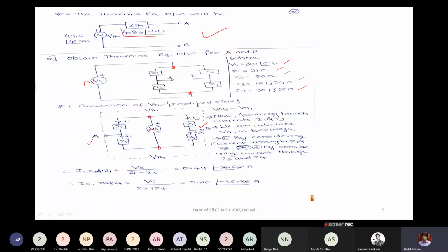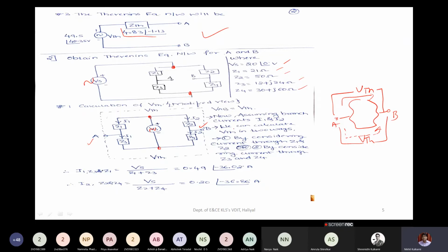Once you are confirmed with this circuit, what is our requirement? We need to find VTH between the terminals A and B. So we have terminal A here and terminal B, and some network over here. Either you can find VTH from here to here, or you may find VTH from here to here also. Both are same.